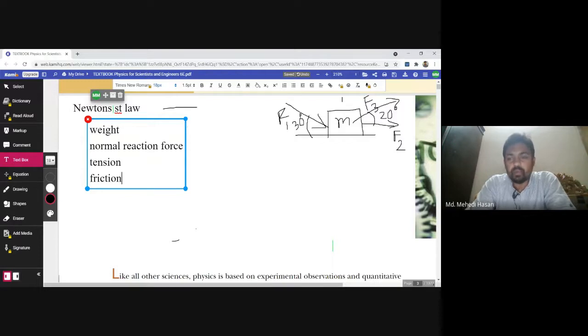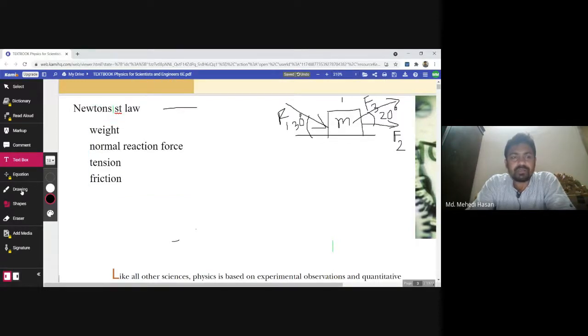In case of weight, it is always present on an object. It acts due to gravity. It's downward, and if the mass of an object is m, then the weight is W equal to mg.